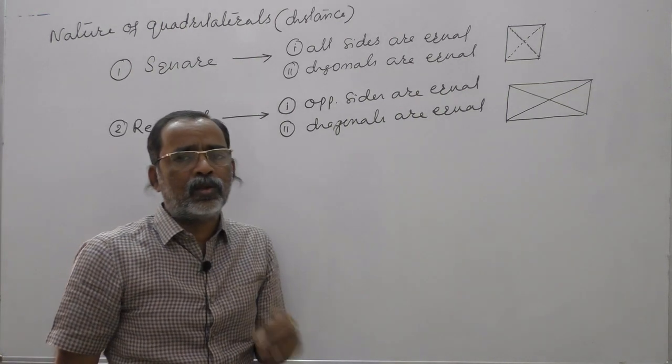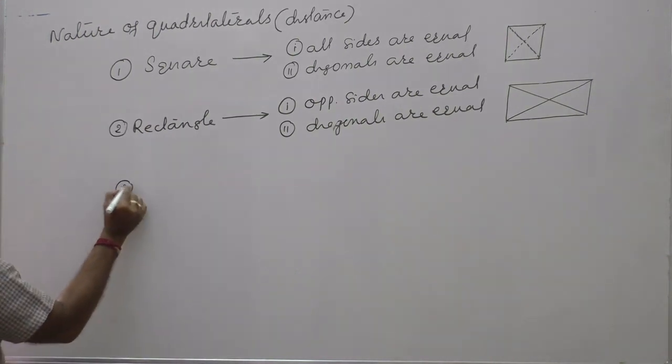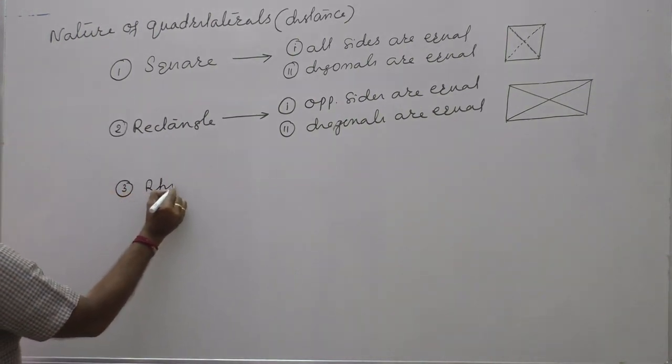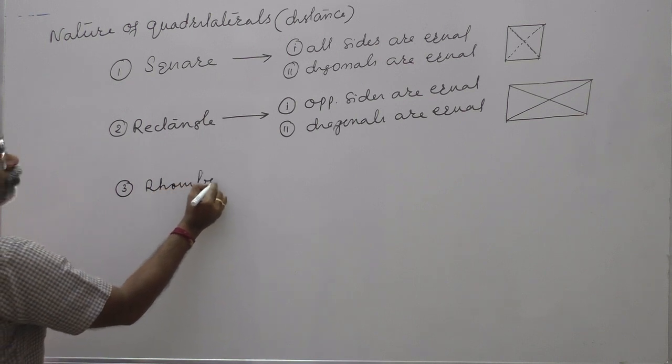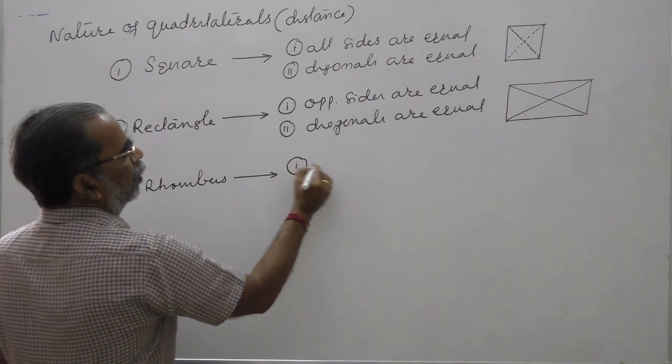So we are discussing this through only distance properties. Next, number 3. Rhombus. Properties of rhombus. Number 1.